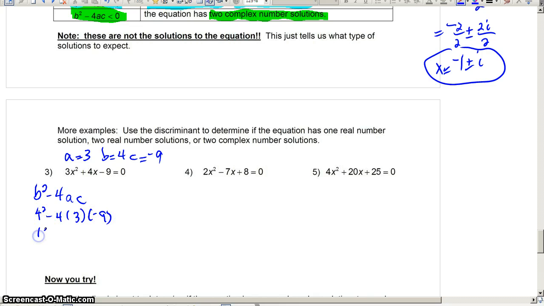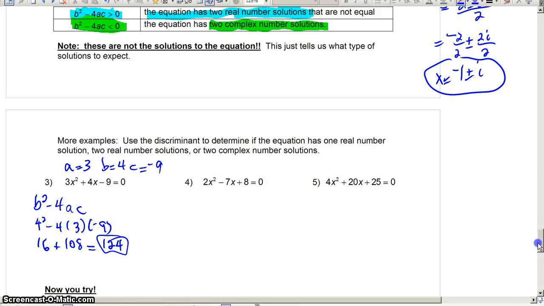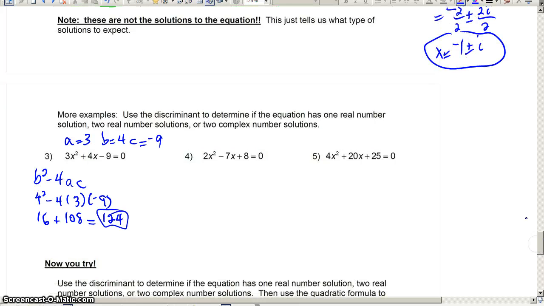Well, 4 squared is 16. 4 times 3 is 12. 12 times 9 is 108. But a negative times a negative is a positive. So this is going to be positive 108. 16 plus 108 is going to equal 124. So your discriminant is 124. It's a positive number. If you look back on your table, if that discriminant is positive, that means we get 2 real solutions.